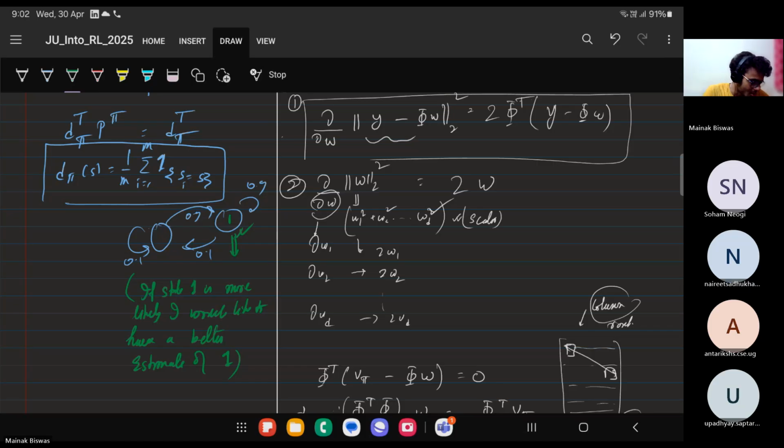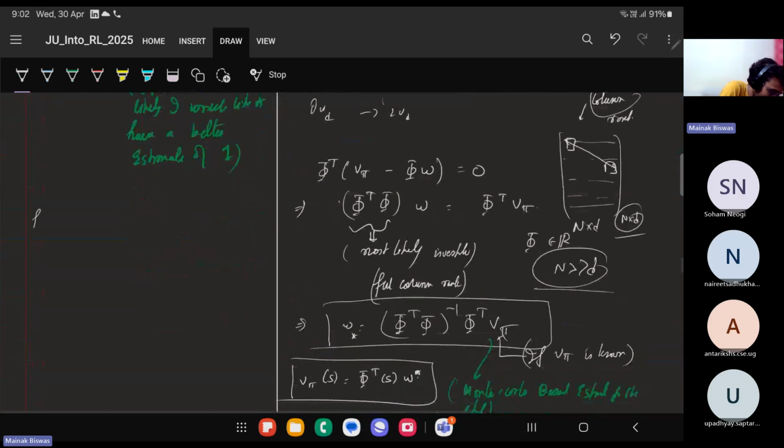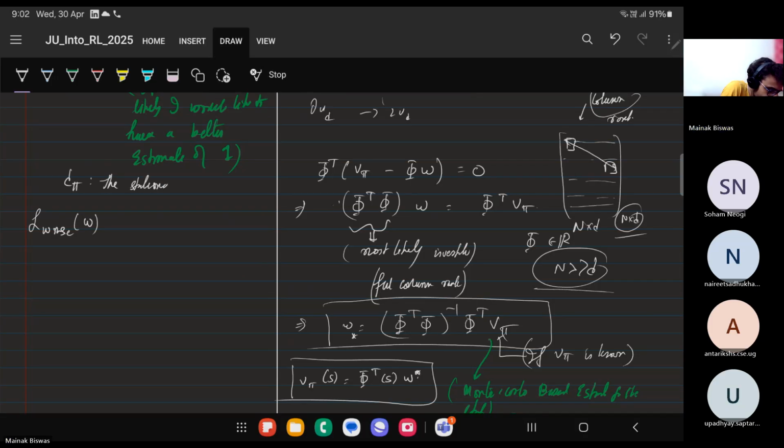Yes. Okay. So what I end up doing is I relatively weight the new WMSE loss. We say that d pi be the invariant distribution or stationary distribution of the states, such that d pi times the transition matrix is equal to d pi. So this is what we assume.